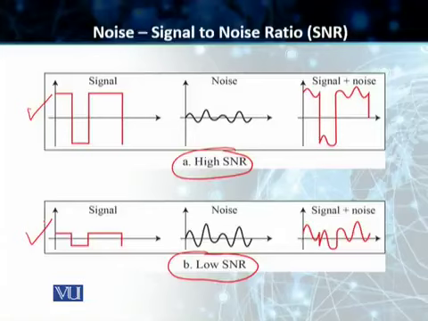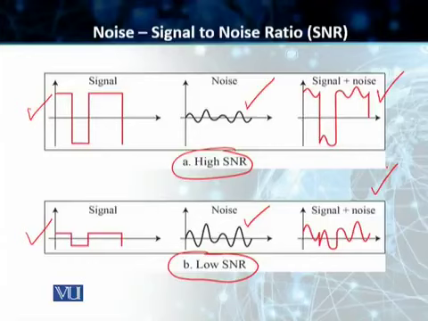Signal strength is more in the first case as compared to the second one. We have got noise here and noise here. And what we receive on the receiving end is signal plus noise and signal plus noise. But in both cases, this is not an exact replica of what we transmitted.